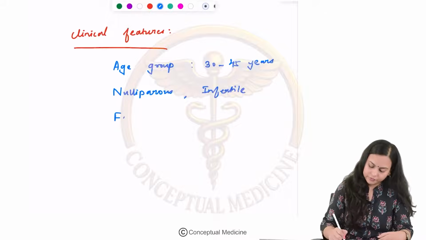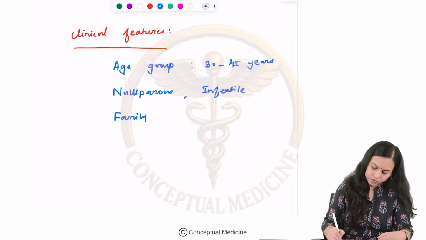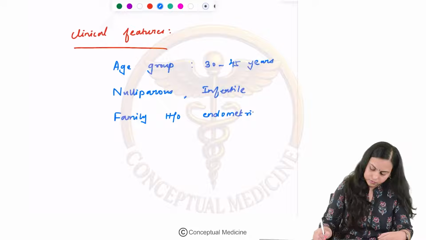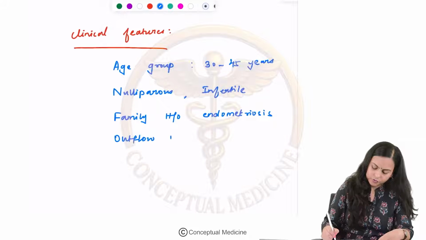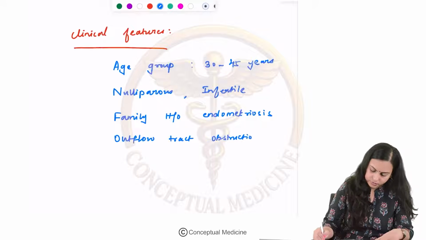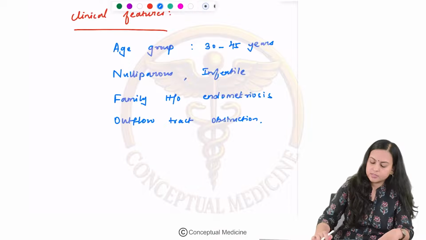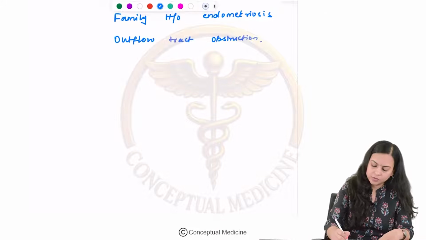Some will have a family history of endometriosis, and they can have outflow tract obstruction as well. So, let us discuss the symptoms now.